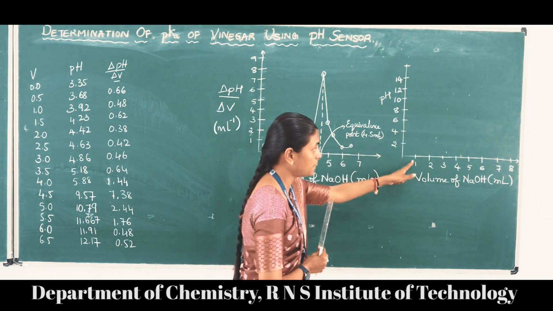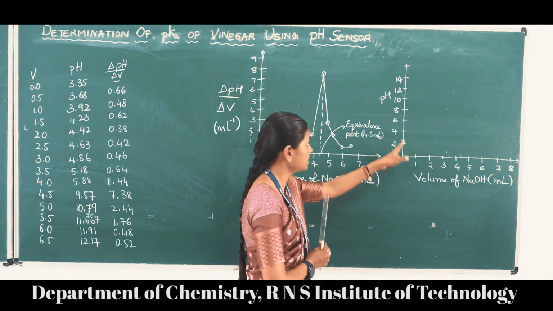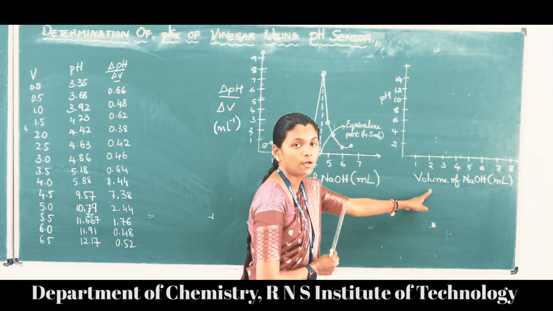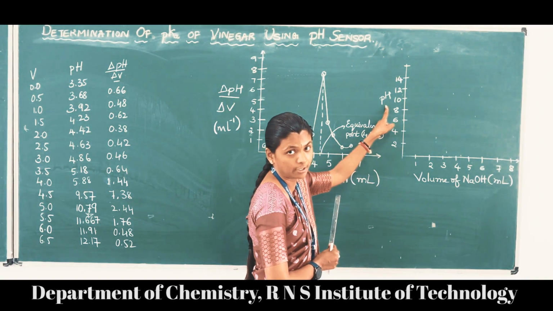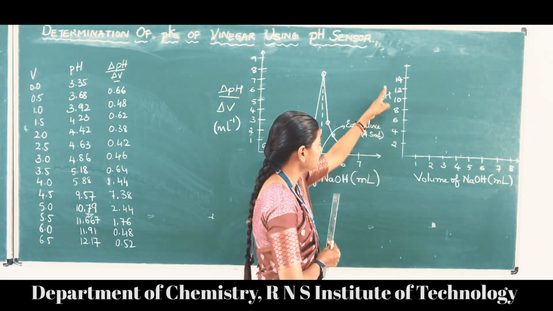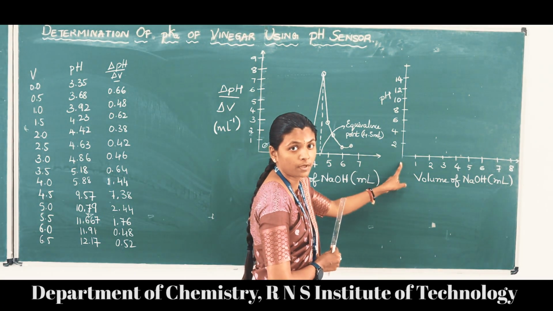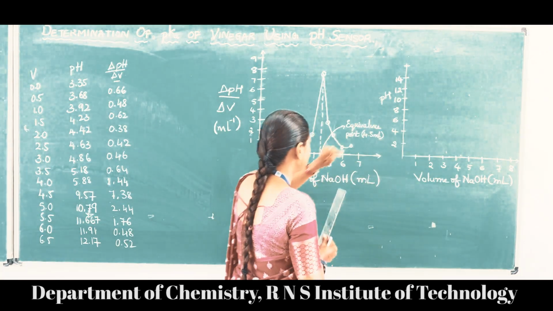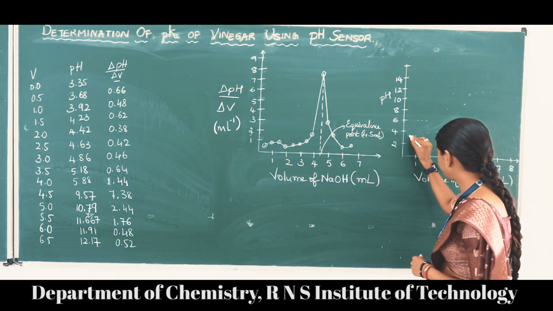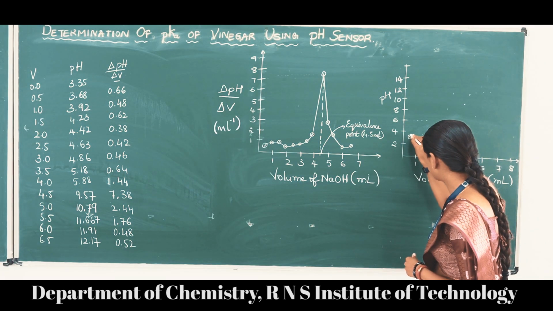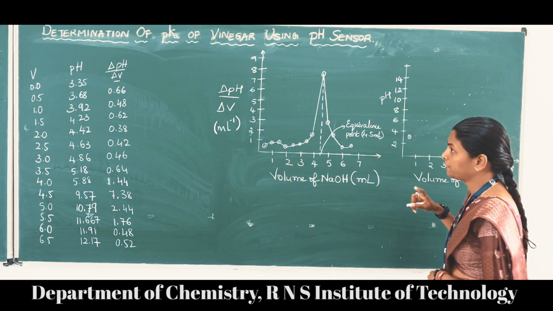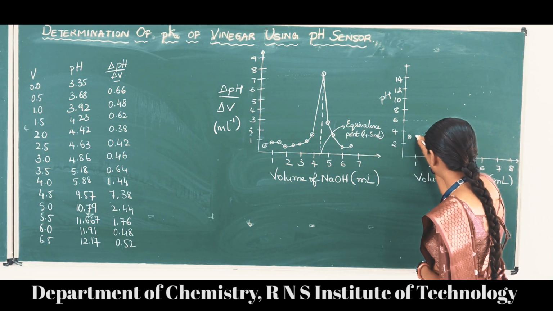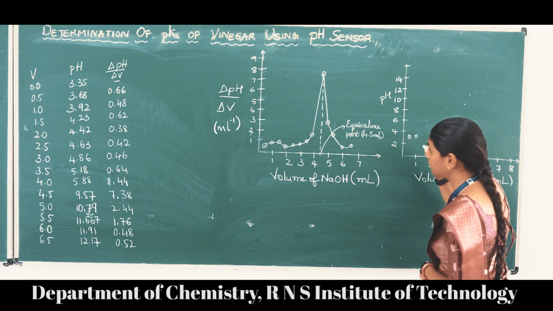Now let us go and plot the other graph, which is pH versus volume of NaOH. As pH is again a unitless and dimensionless quantity, there are no units along the y-axis. So let us plot the first one. And we get the first point over here. Let us mark and encircle it. The next value is 3.68, so we'll mark over here and encircle it.